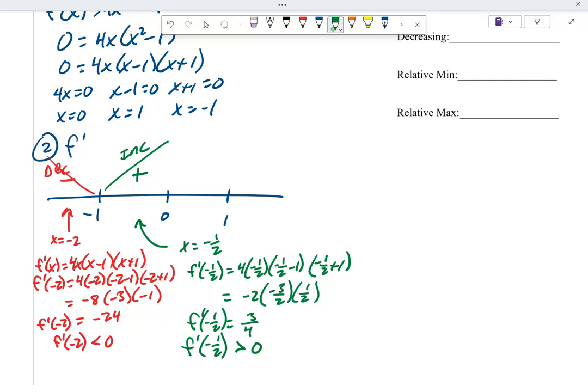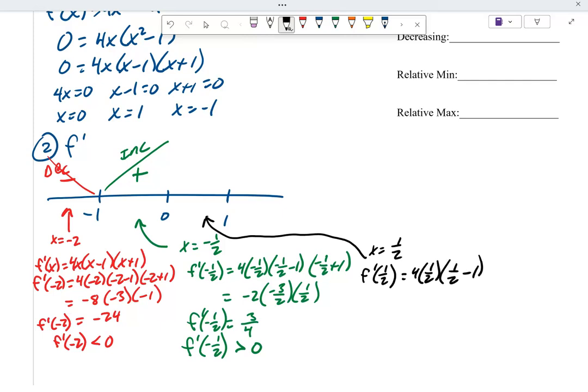Now we're going to test something between 0 and 1. So how about we test a half in the derivative, f prime of a half. So 4 times a half, minus 1, a half plus 1.